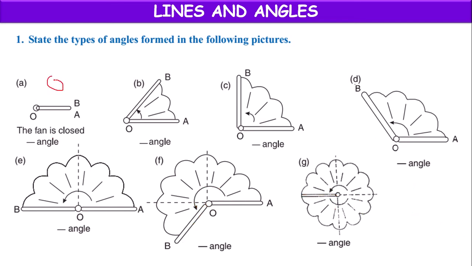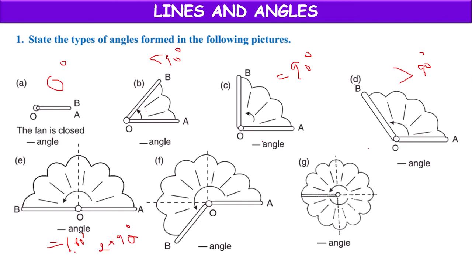So when it is closed, it is 0 degrees. Less than 90 degrees is an acute angle. Equal to 90 degrees is a right angle. Greater than 90 degrees is an obtuse angle. Equal to 180 degrees is a straight angle, or equal to two right angles.